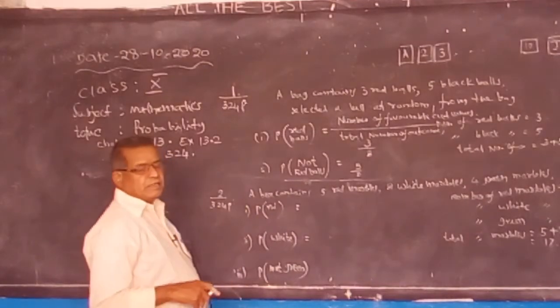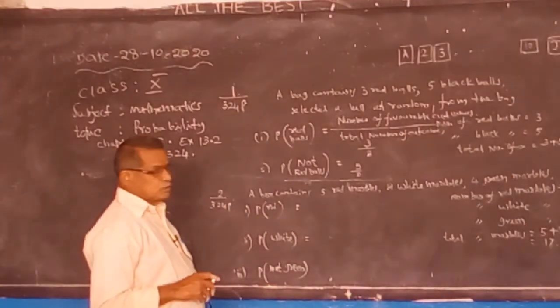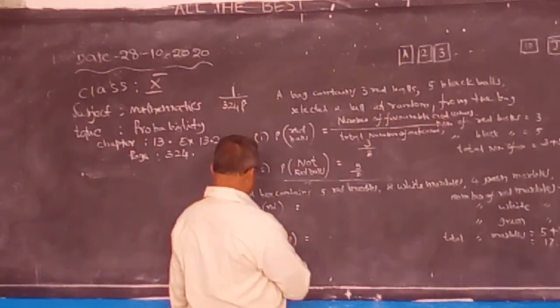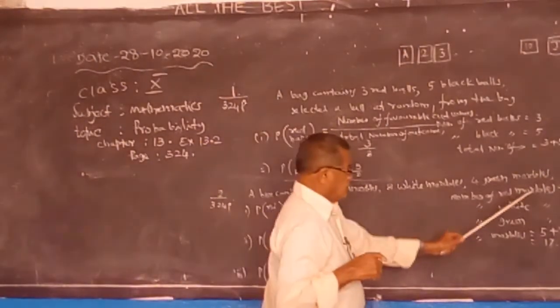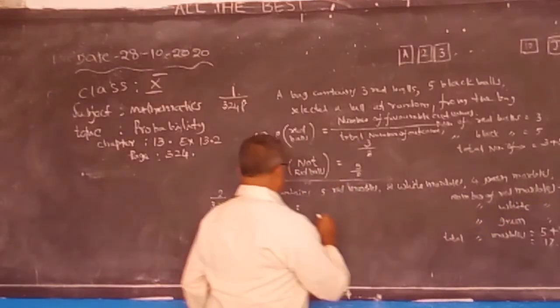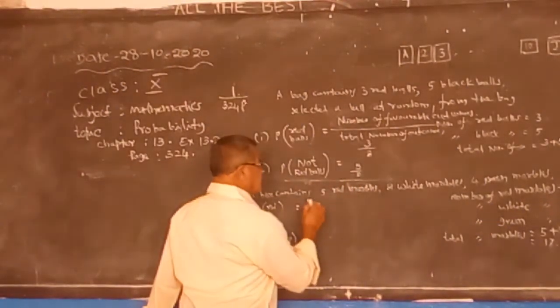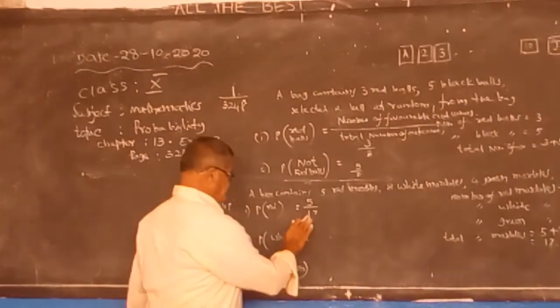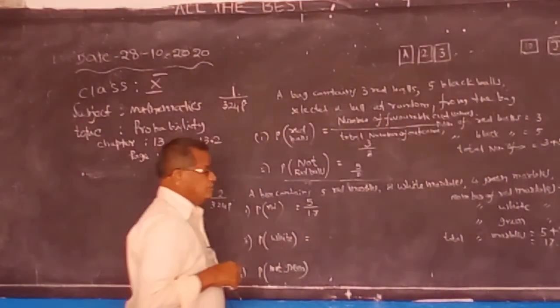Probability of red marbles: our favorable outcomes are 5, red marbles are 5. Total number of marbles is 17. So the answer is 5 by 17. Write the formula.